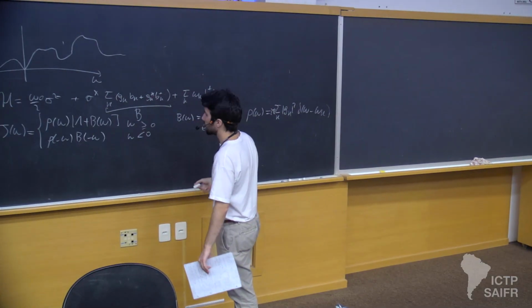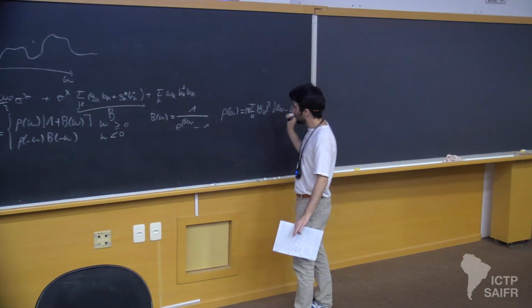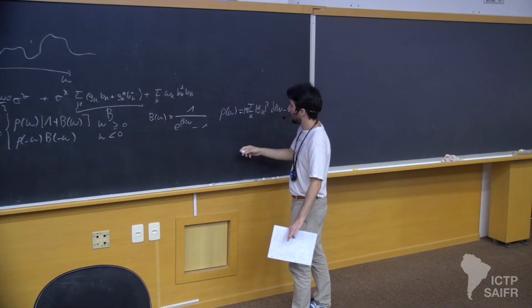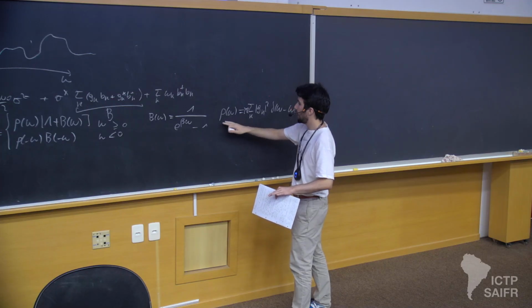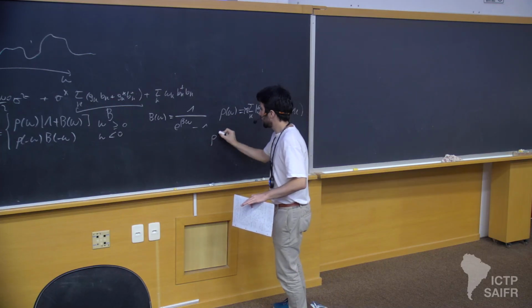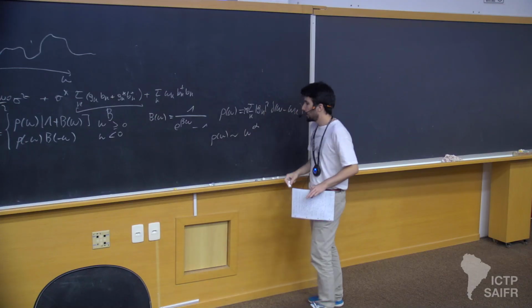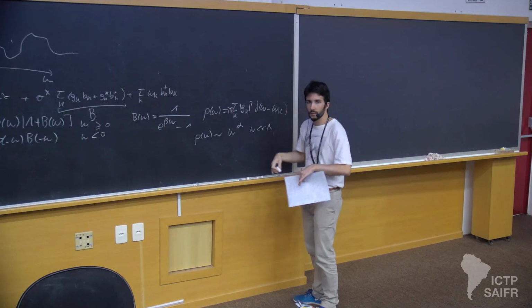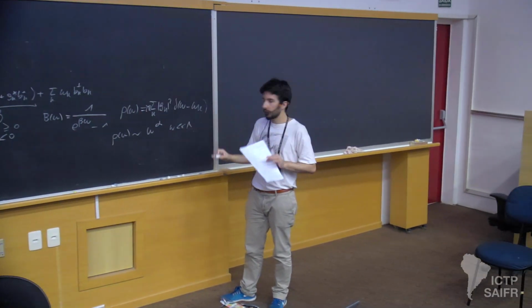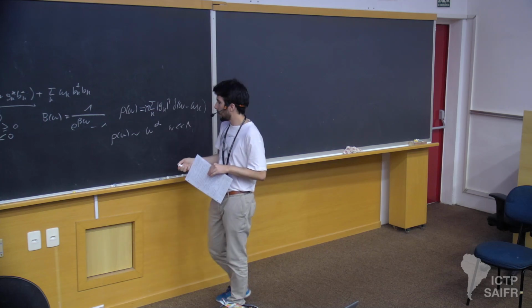And if you plot this, the typical situation, like in many situations, this function is assumed to behave as a power law for small frequencies. Let's say smaller than some unknown UV cutoff, but close to zero frequencies. This is usually a power law.